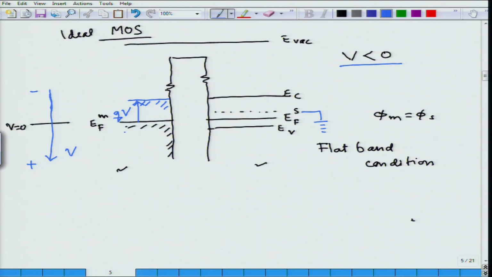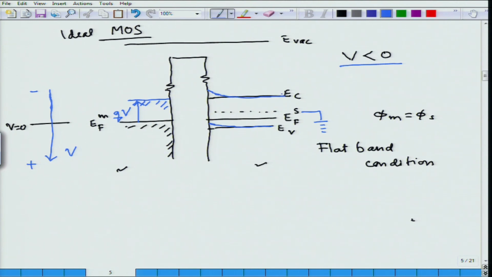So, if I am moving this up, my Fermi level is going to remain same, because once I have applied the voltage, again it is an equilibrium situation, there is no current flowing. So, the Fermi level of the semiconductor would remain same, but the other energy structure for valence and conduction band is going to increase and bend upward.